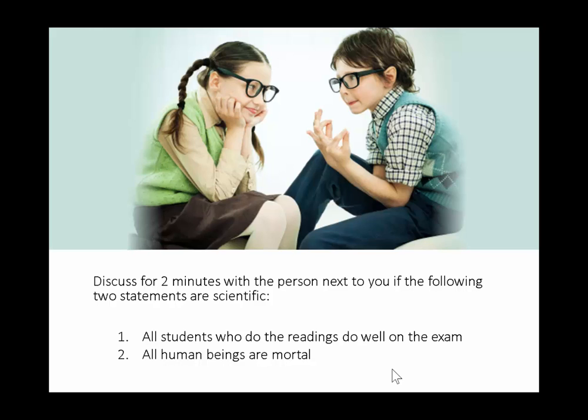So you can show, for example, that all human beings are immortal. Yeah? That's a scientific statement, which is so funny, because it really messes with your brain. All human beings are immortal, nobody dies.